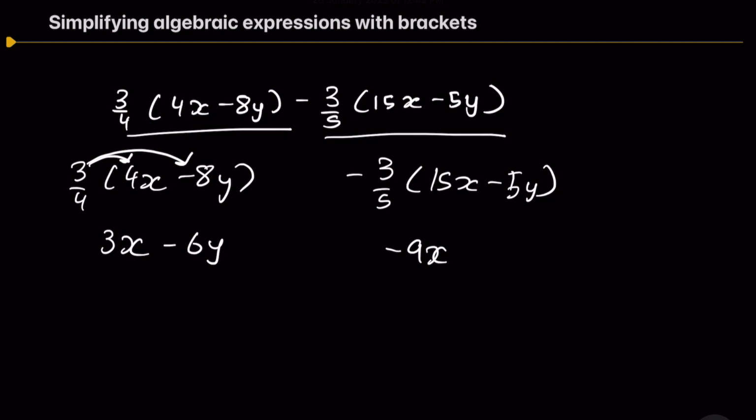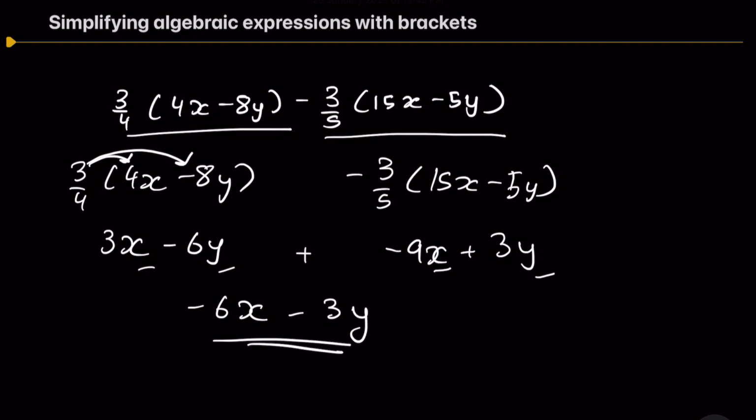Then when you multiply minus 3 by 5 into minus 5y, you would get positive 3y. Now add the like terms, so 3x and minus 9x would give us minus 6x. And then minus 6y and plus 3y, you would get minus 3y. This would be your answer.